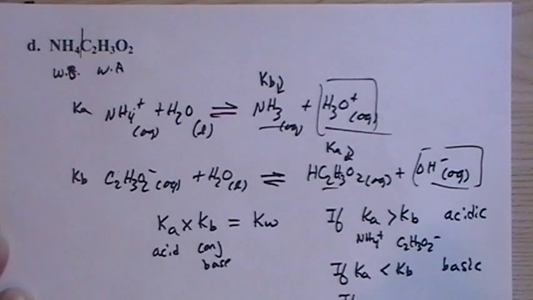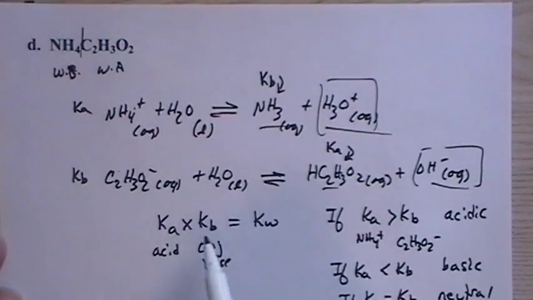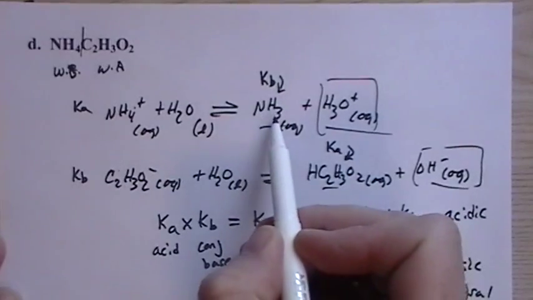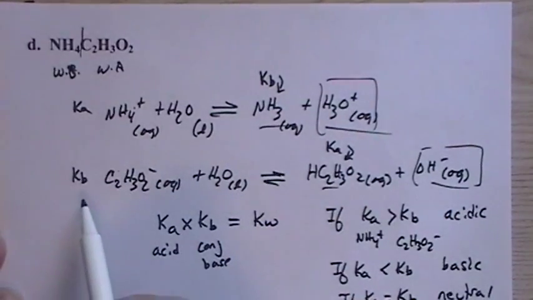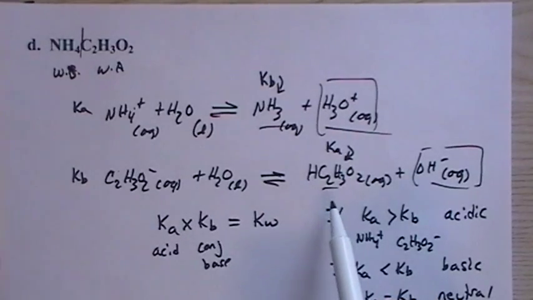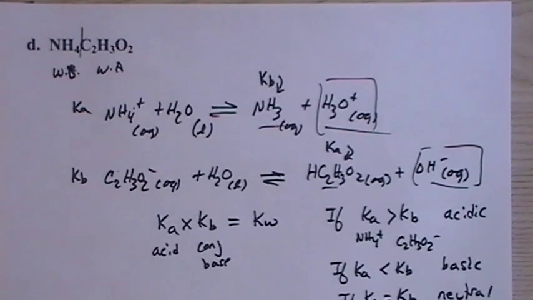And if by slight chance they're the same, then it'll be neutral. So we have to determine, using this expression, the Ka for ammonium ion from the Kb of ammonia, and the Kb for acetate ion from the Ka of the acetic acid. So we have a little work to do here.